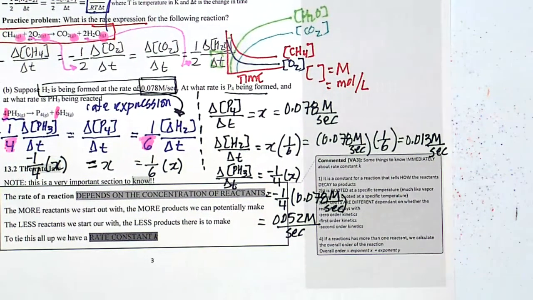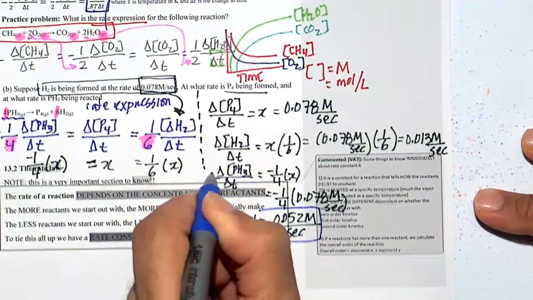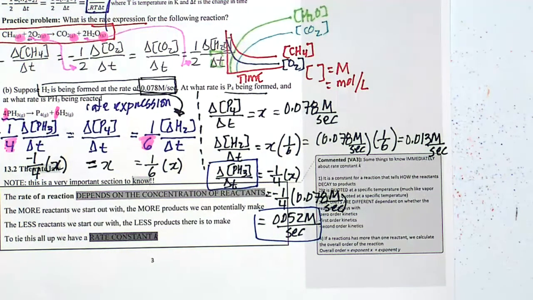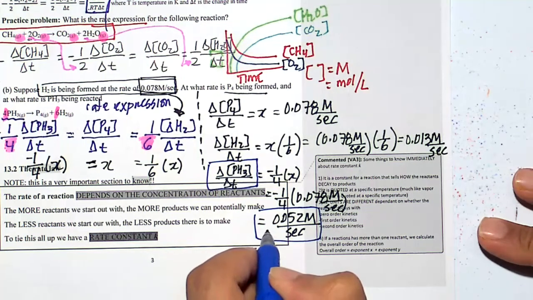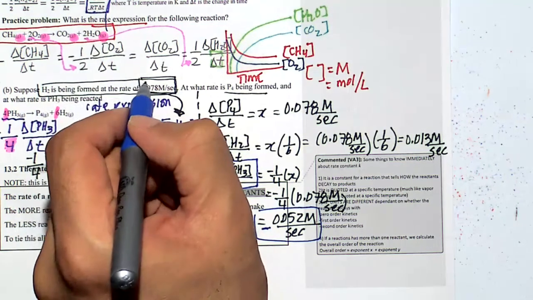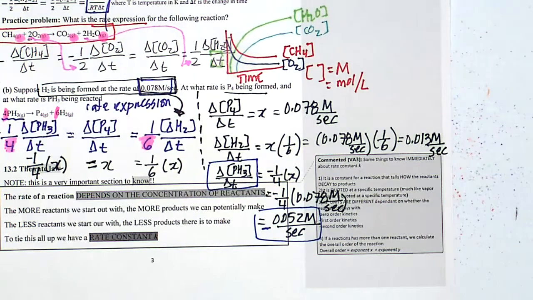Okay, minus 1/4 of X. That's a decrease, so you can even put a minus sign here if you like. It's decreasing, minus 1/4 X. They gave us the rate X here, 0.078 molar over seconds.